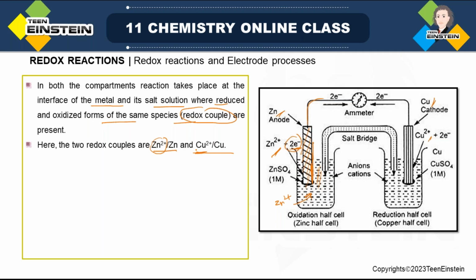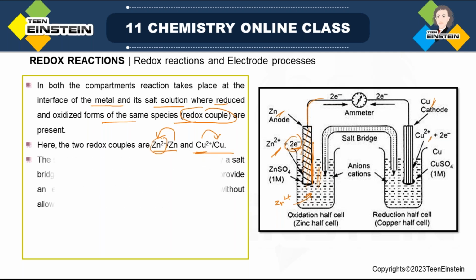So these are the two couples: the zinc couple, Zn2+/Zn, and another one is Cu2+/Cu. Though it is true here that Zn is ultimately converted to Zn2+ and Cu2+ is ultimately converted to Cu, whatever it is, you always have to write the oxidized form first, then the oblique sign, and then the reduced form. That is the convention we follow.